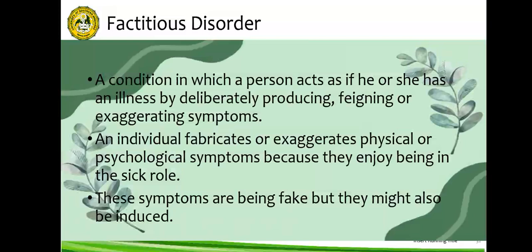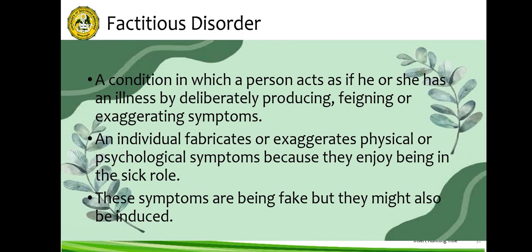And for example, a soldier with factitious disorder might exaggerate or invent na meron daw siyang anxiety symptoms, not to avoid the combat, but for the attention na marereceive niya from the other soldiers or from the clinicians. So their role there is to deceive themselves and deceive other people.